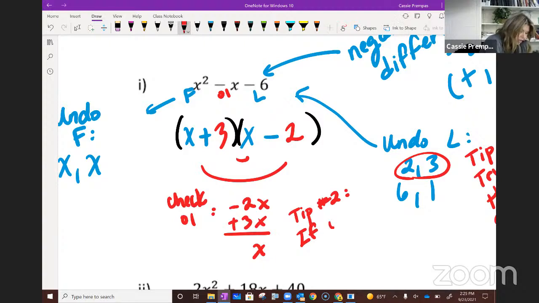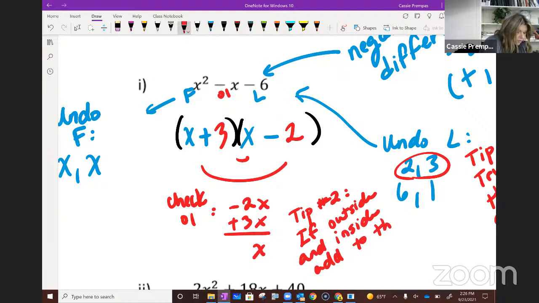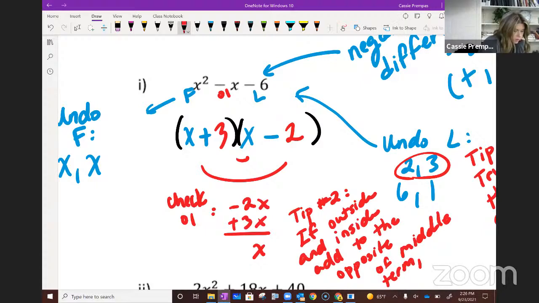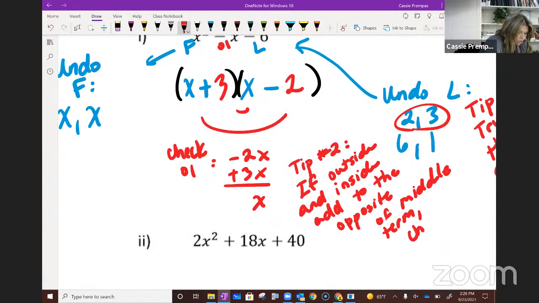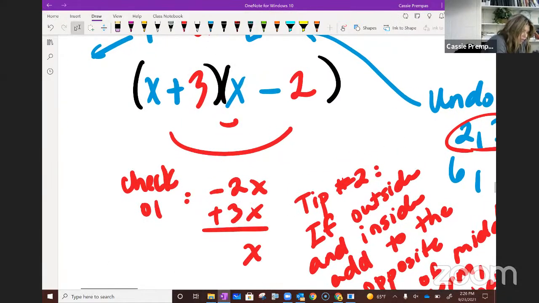If the outside and inside, the OI, add to the opposite of the middle term, change the plus and minus. So in this case, I'm going to make this plus sign into a minus, and I'm going to make this minus sign into a plus.